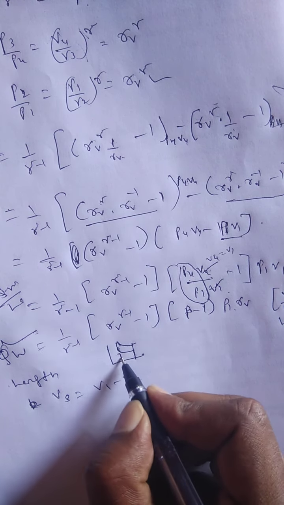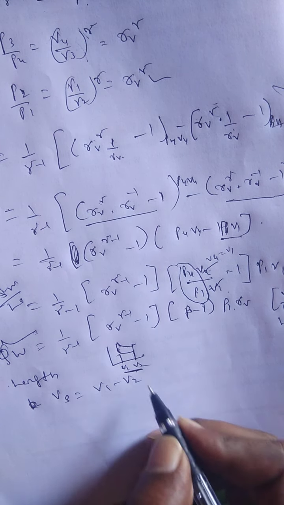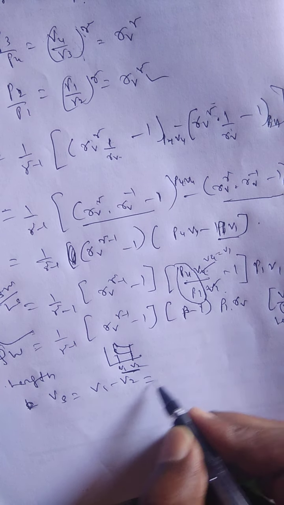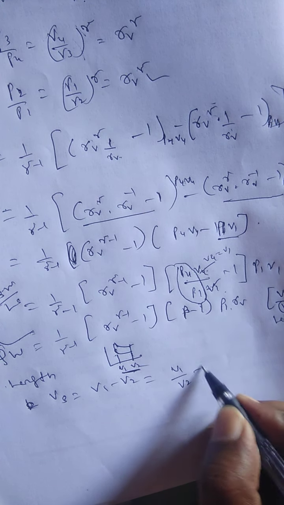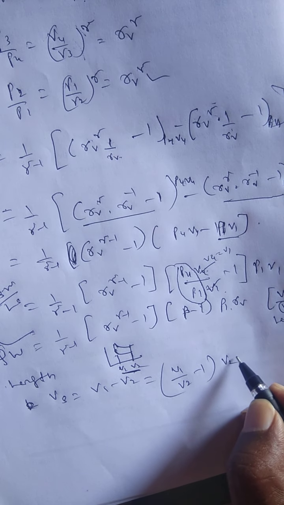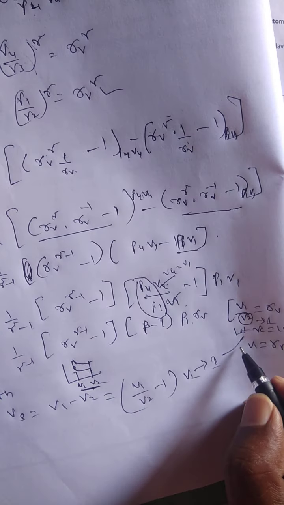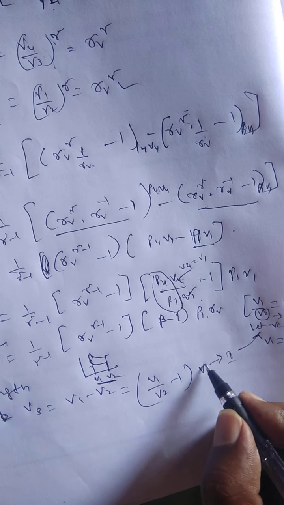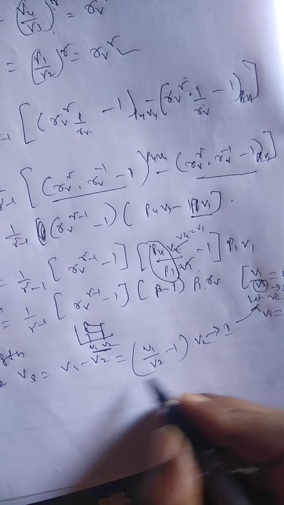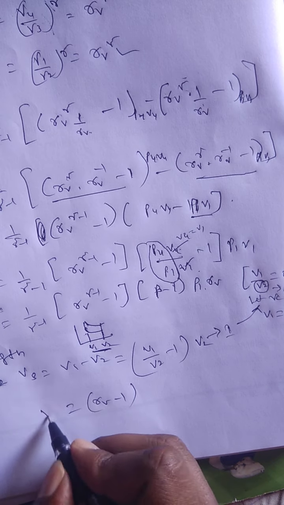If you take V2 as common, it is V1 divided by V2 minus 1, into V2, whereas V2 will become 1, as we have considered VC equals V2 equals V3 equals 1. And V1 by V2 equals RV, so the length is RV minus 1, right.